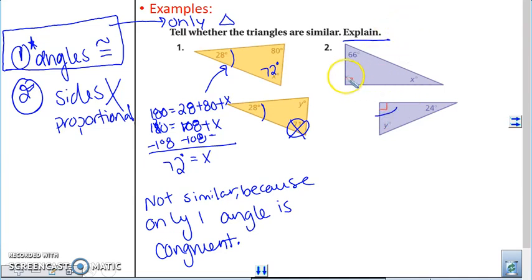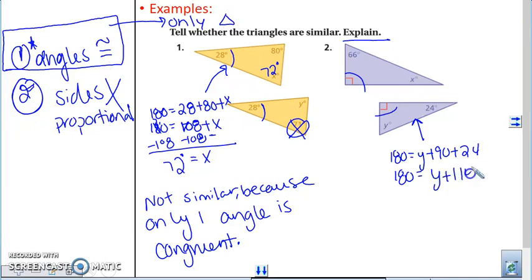We have 90 degrees. That's good. Now let's solve for one of the third angles in one of those triangles and see what we get. Alright, let's just do this small one here. So 180 equals y plus 90 plus 24. 90 plus 24 is 114, so rewrite 180 equals y plus 114.